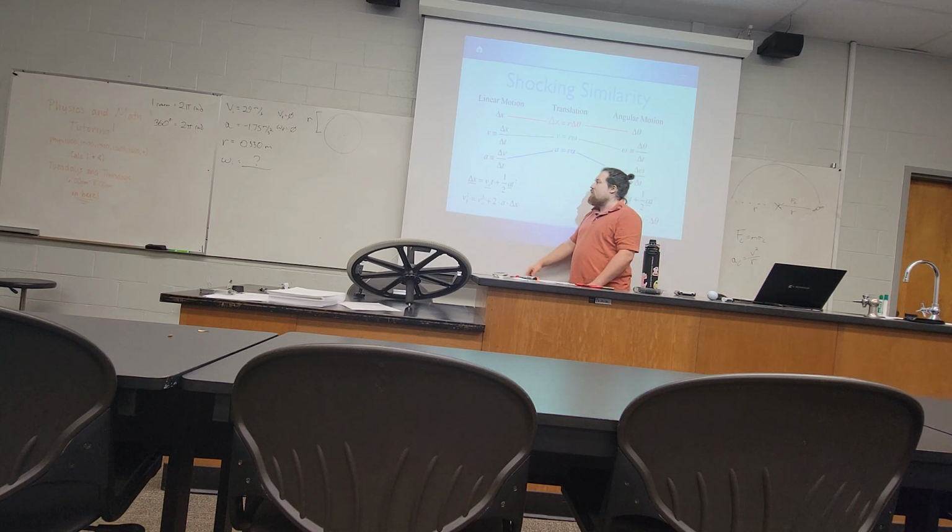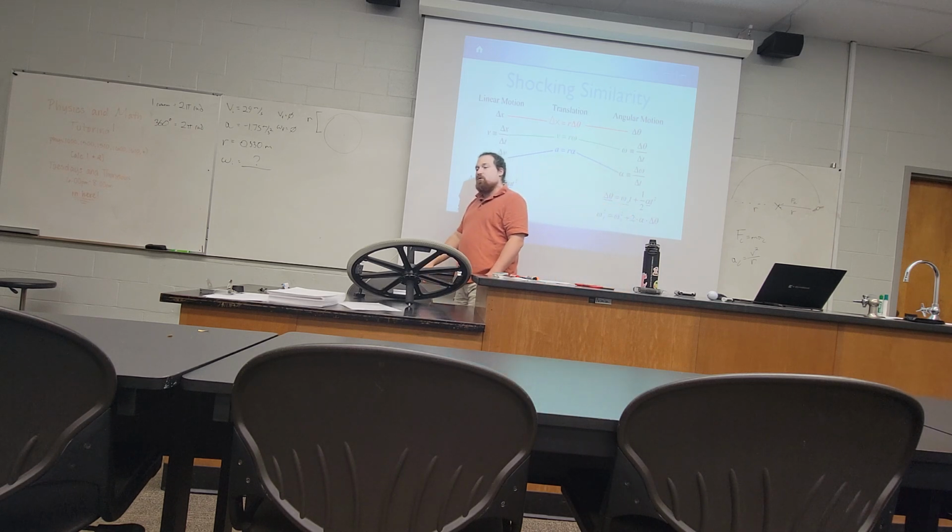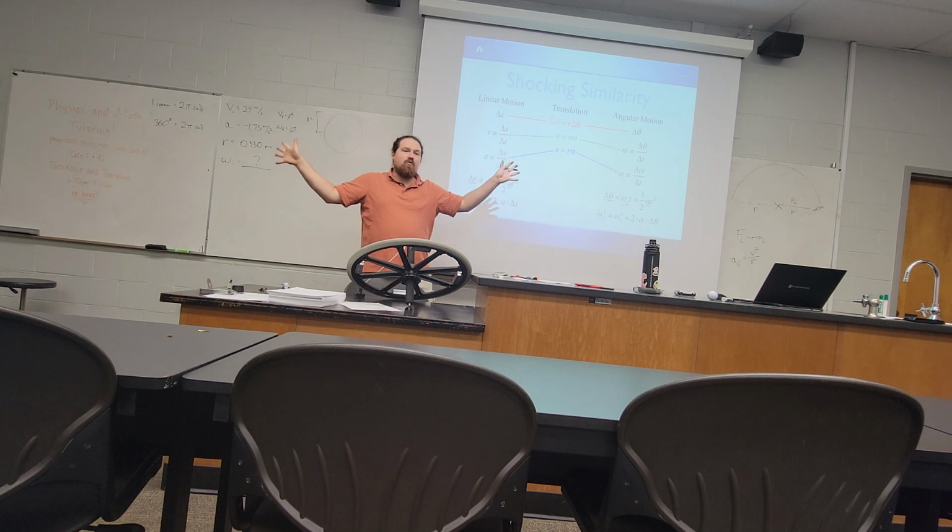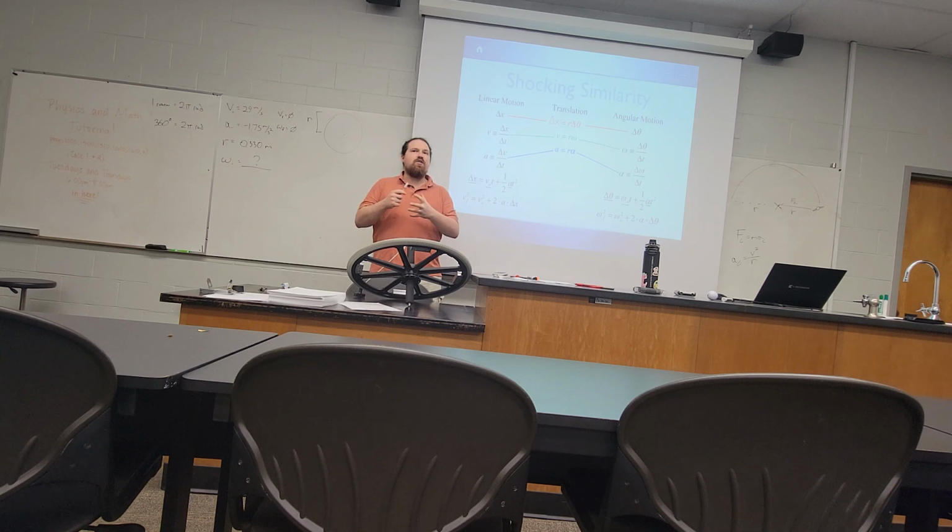Meanwhile, everything that has velocity and acceleration doesn't have delta theta. It appears as though the linear and angular worlds are taking place somewhat separately from each other. So we need to figure out a way to bridge the gap, turn our angular information into linear, and turn our linear information into angular information.